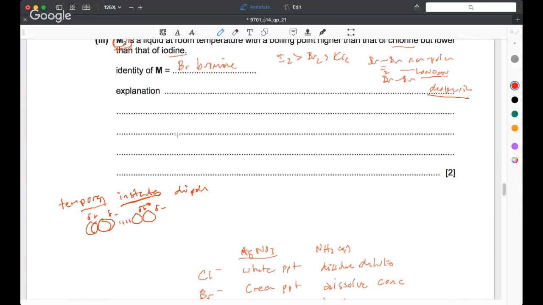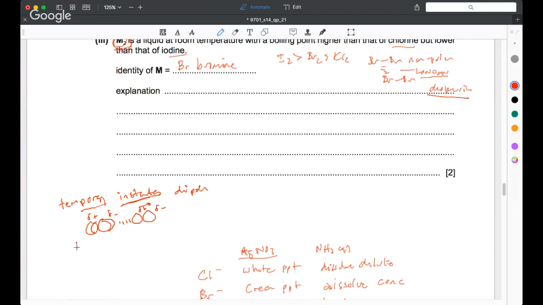Now you can see that if these electron clouds are large, then they're going to be much more easily polarized than if they are tightly bound to a nucleus.